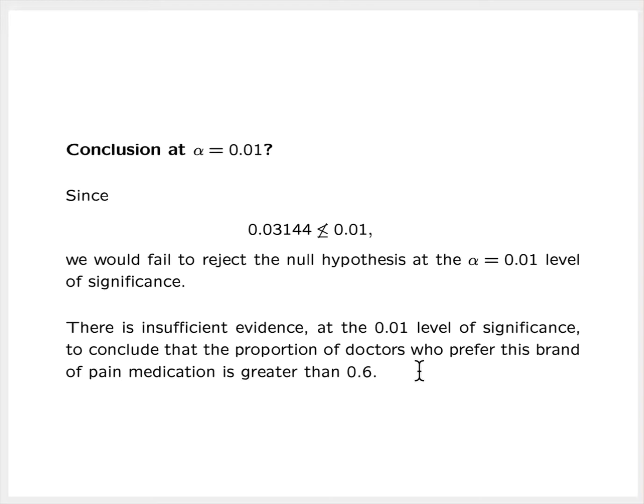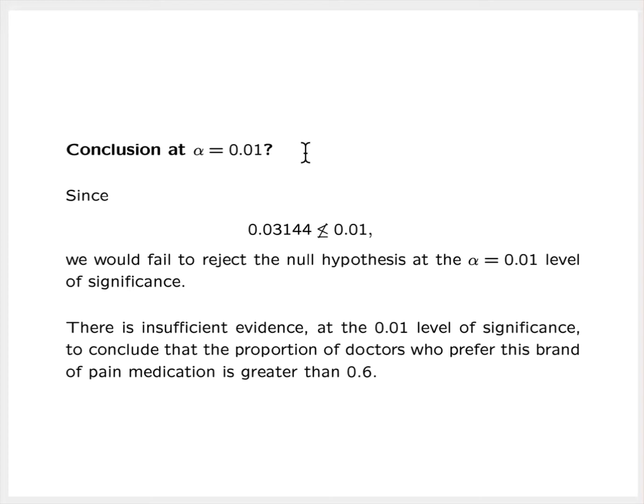So you see that the conclusion that we draw depends on the level of evidence that is required in order to reject the null hypothesis. And that level of evidence required is encapsulated by, related to, or dependent upon the significance level that we use for the test.